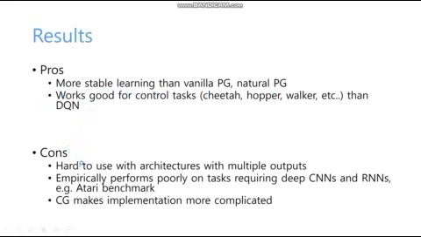Cons are that it's hard to use with architectures with multiple outputs, and it empirically performed poorly on tasks requiring deep CNNs and RNNs, like in Atari benchmarks. But it's empirical, there's no theoretical analysis. And the conjugate gradient algorithm makes implementation more complicated.